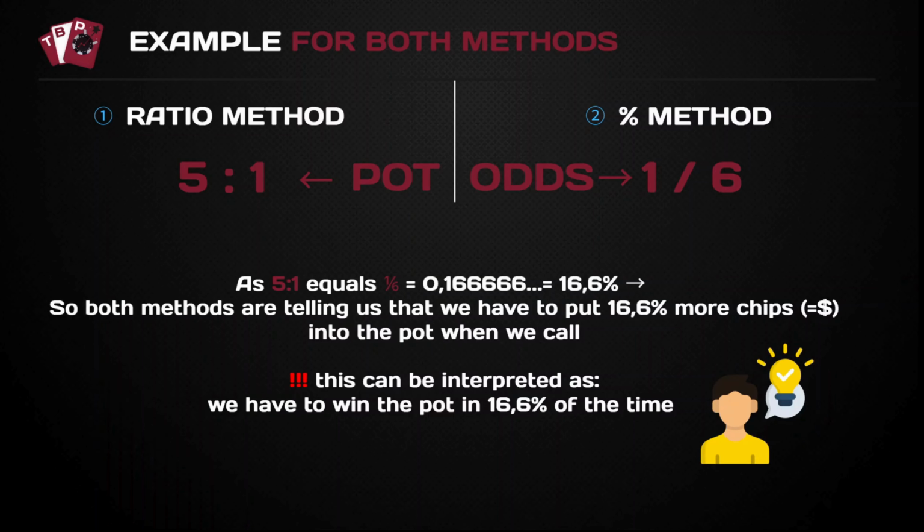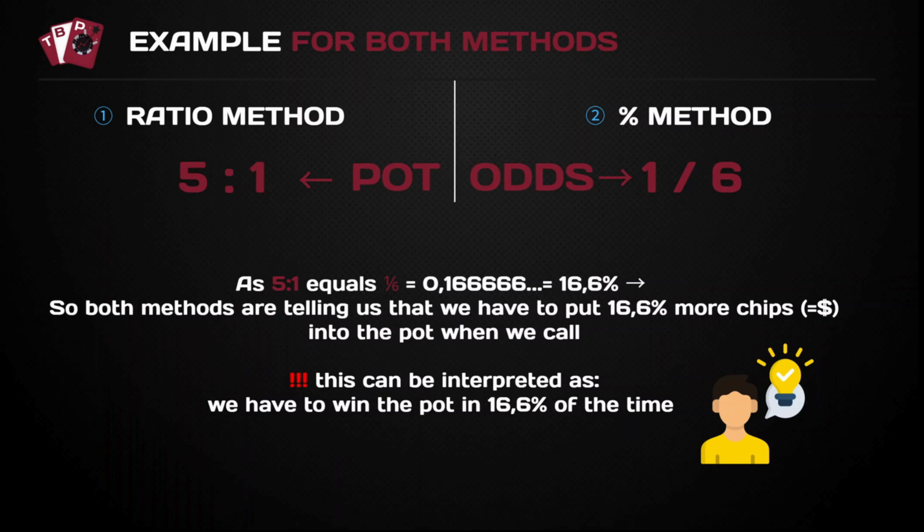Because why should we put anything into the pot that we are not expecting to get back? If we would do something like this, that can never be considered as mathematically correct poker. In real life, such a behavior would count as throwing money out of the window. And nobody wants to do this, not in real life or poker.